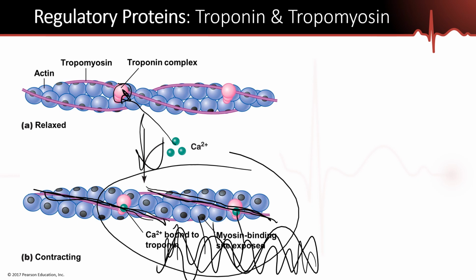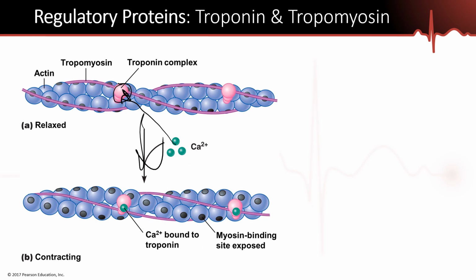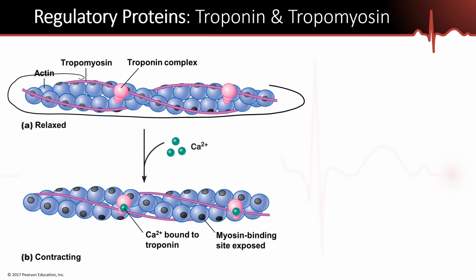So for the sake of this class, this is the extent to which you really need to know about actin. Here is the actin filament. In a normal state, the actin filament has these strand-like proteins on it called tropomyosin that cover up all of the myosin binding sites on the globular actins that make up the actin filament.